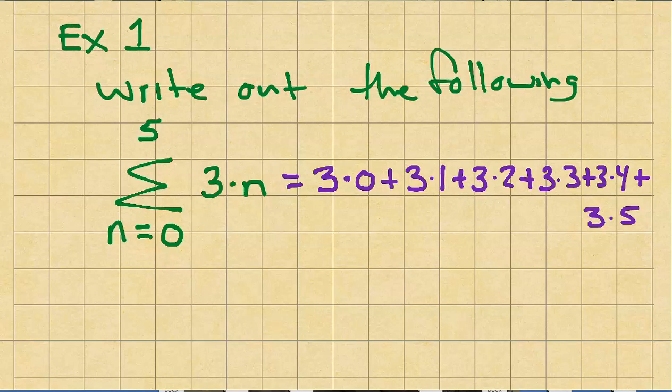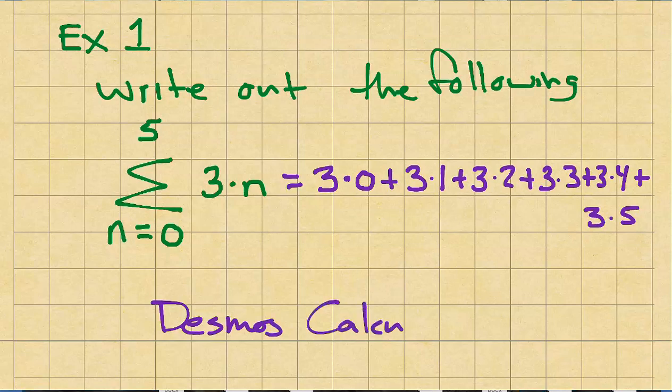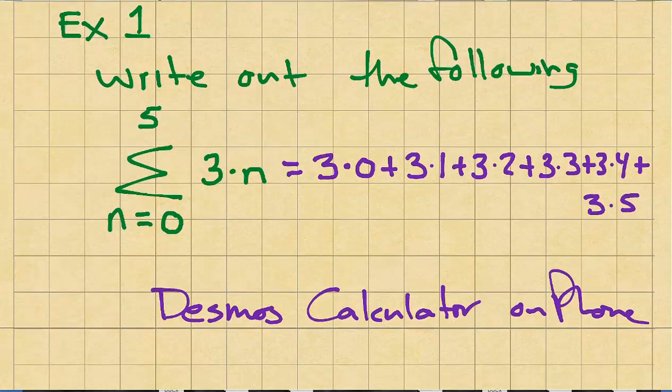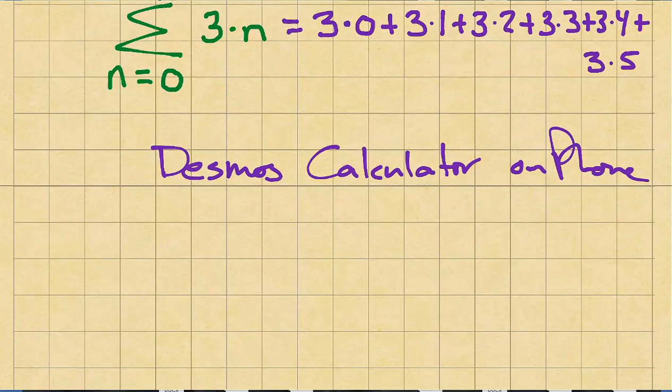One of the things that you should look at is the Desmos calculator on your phone. What I would encourage you to do, let me just get my phone and make sure what I'm looking at.